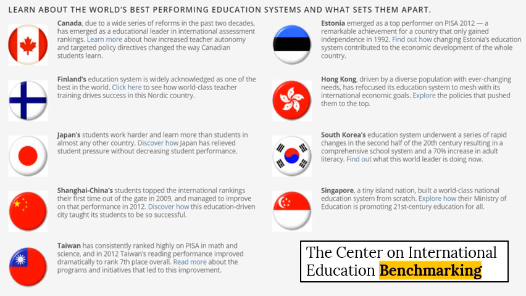So here, if you click on the Japanese case, you will see an analysis of what they did to keep high levels of performance and lower the levels of stress in their students. And what you're going to see there is how they benchmarked that, what kind of policies they implemented, how they designed the policies, how they implemented the policies, how they evaluated the policies, and ended up with these results.